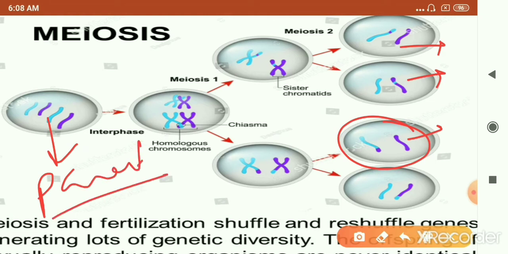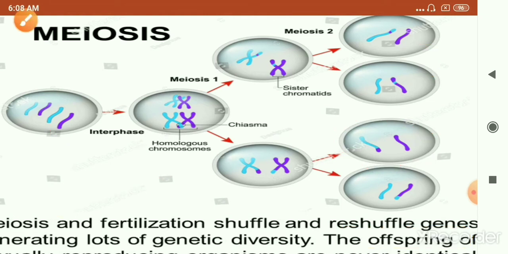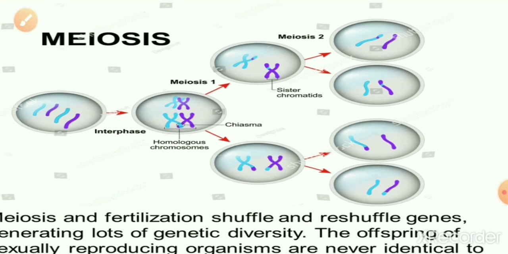Here, the parental cell has four chromosomes, and at the end there are only two chromosomes, so the chromosomal number becomes half. And this is required in sexually reproducing organisms.